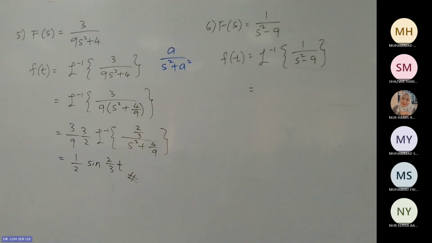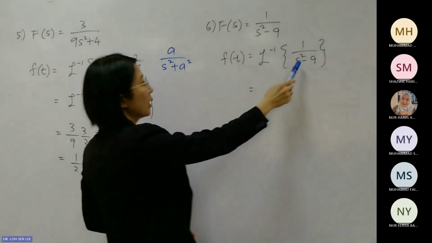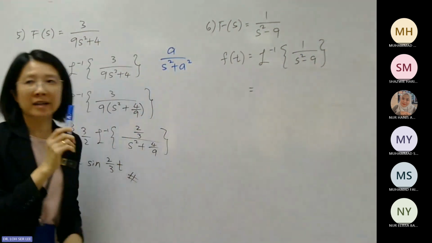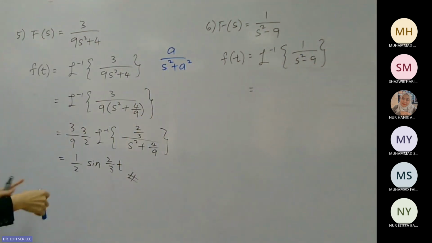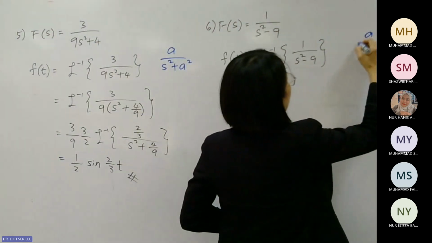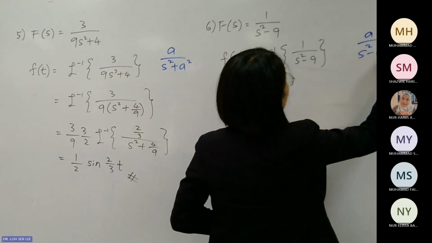Sine? Because we have s squared minus, and there's no s at the top, this one is hyperbolic sine, meaning that we need to have a over s squared minus a squared.